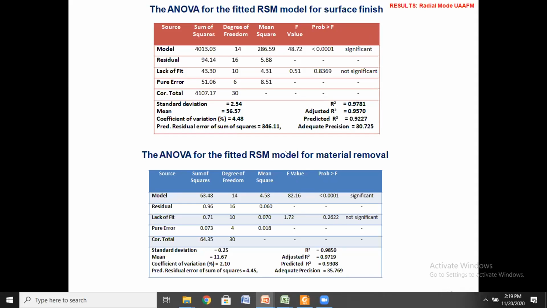So there are some terms and some terminology in order to know whether your model is fit or not. If your model is not fit, probably if you are getting significant in the lack of fit and not significant in the model, and your p value is not in the range, and if your R value is not in the range and F value is not in the range, then you have to rethink your design.